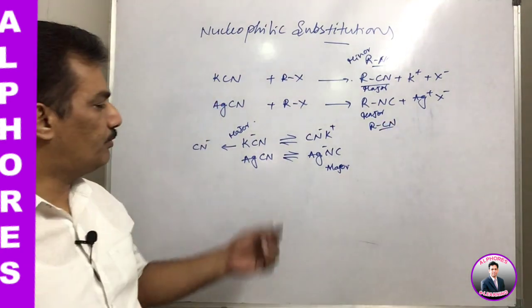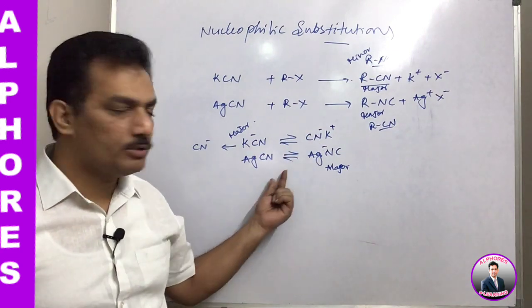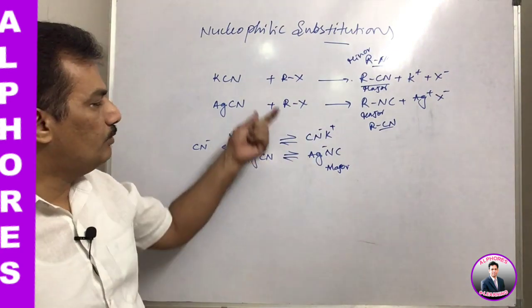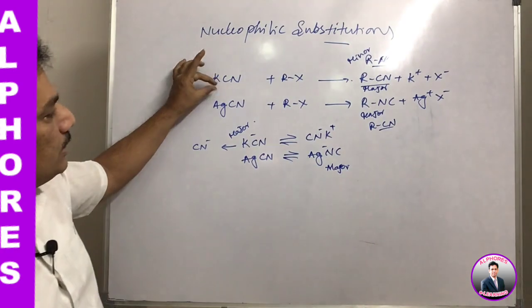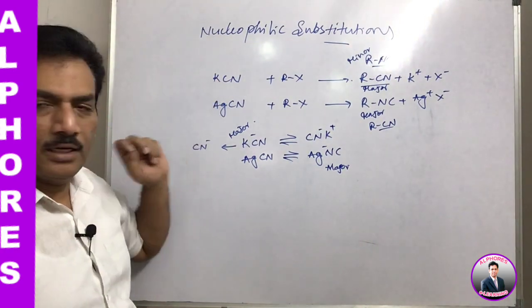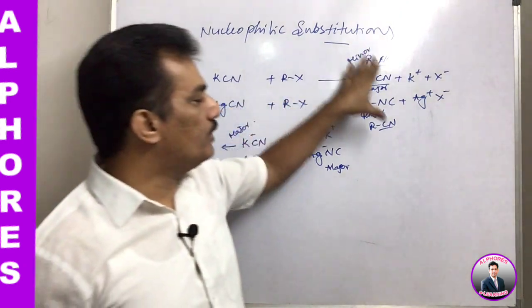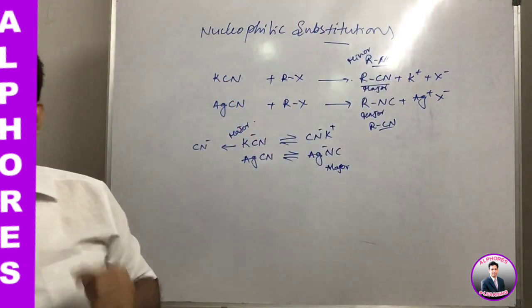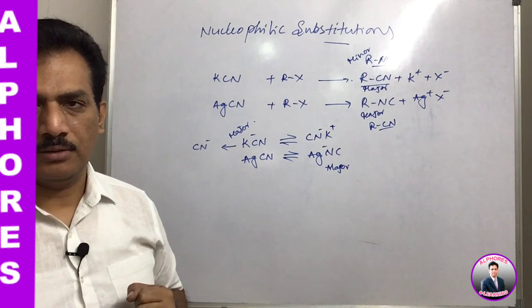So it is a proof for the existence of the two forms. Like that, in these two reagents, even though they seem to release the same type of attacking group, the major products are different in these two reactions, clear.